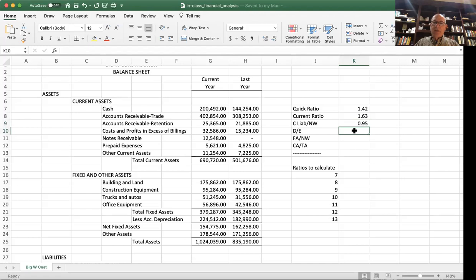Okay, debt to equity. Here's the next ratio, and of course, it's interesting. In some firms, having a decent amount of debt is not a big deal. In others, having debt is a huge deal. It's a huge negative. And so the debt to equity ratio varies, particularly for different industries.